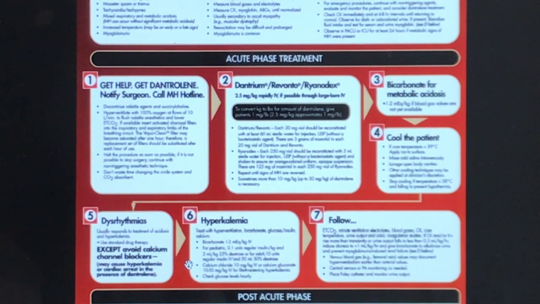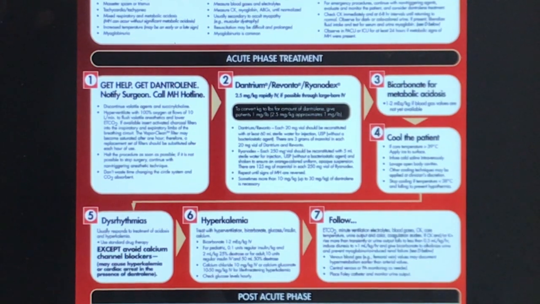They release potassium, and so you will treat using bicarb, using insulin and dextrose, as well as calcium chloride or calcium gluconate. And then once the patient is stabilized, there's going to be a lot of monitoring of the end-tidal CO2 and blood gases and CK levels and temperature and coags and those sorts of parameters.